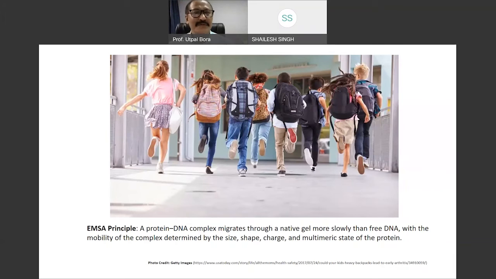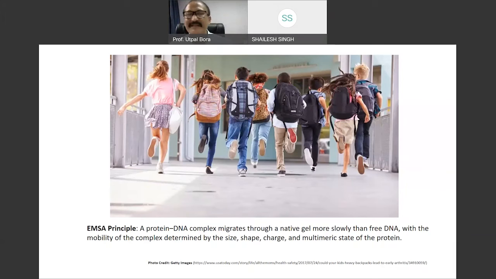Okay. So now if you are convinced that the protein alone will run faster, compared to the protein with the nucleic acid baggage, then your concept of EMSA is clear. So we call it electrophoretic mobility shift assay. There will be a shift in the position of the protein having the nucleic acid baggage, which will run slower, than the protein alone, which will run faster.